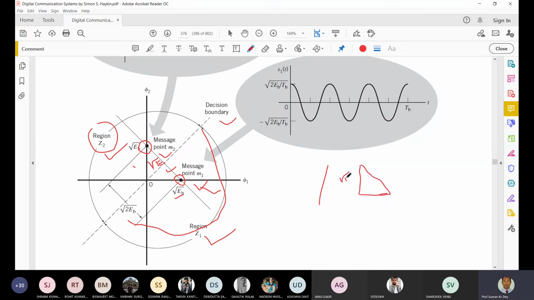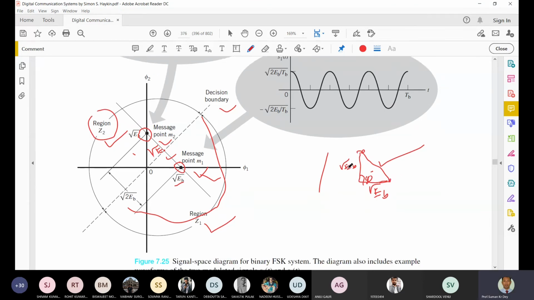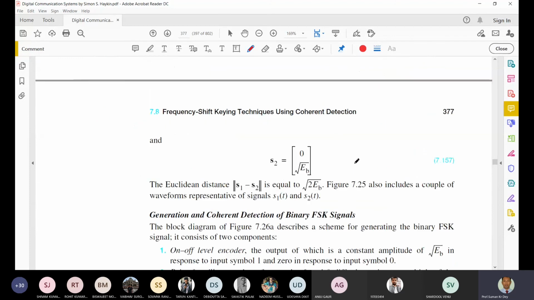Square root of Eb, square root of Eb, and this is your 90 degrees. What is this value? This will give us the distance between these 2 points. So what is this value? This will be the square root of 2Eb. So in that way, we are getting the equidistant distance between the two message points.